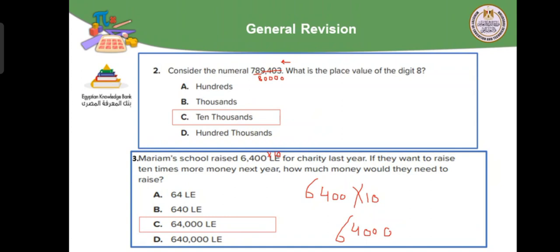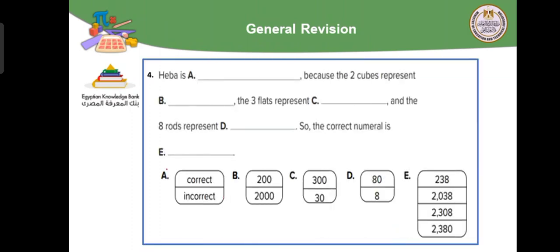Number 4. Hiba is correct because the two cubes represent... Cubes relate to what? 100 or tens or thousand. Then the three flats refer to what? 100 or 1,000 or 10 or ones.